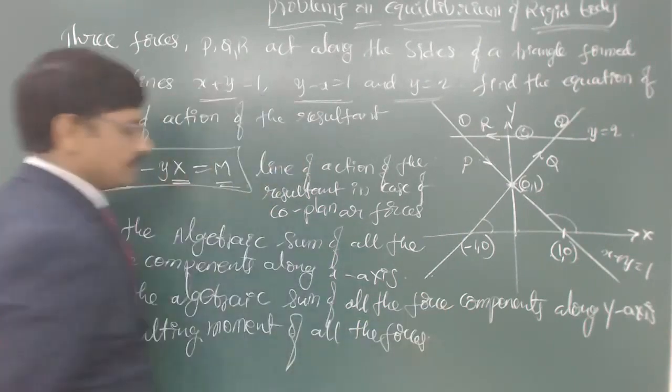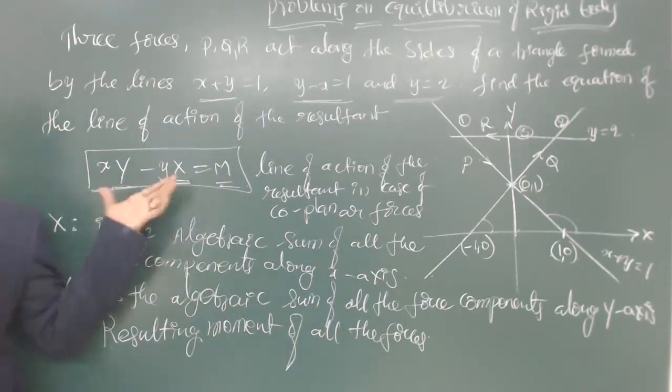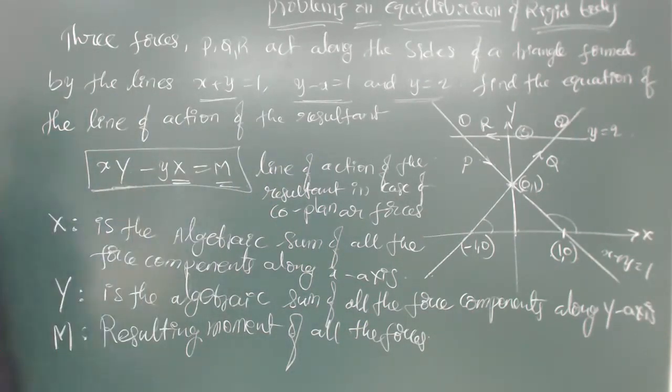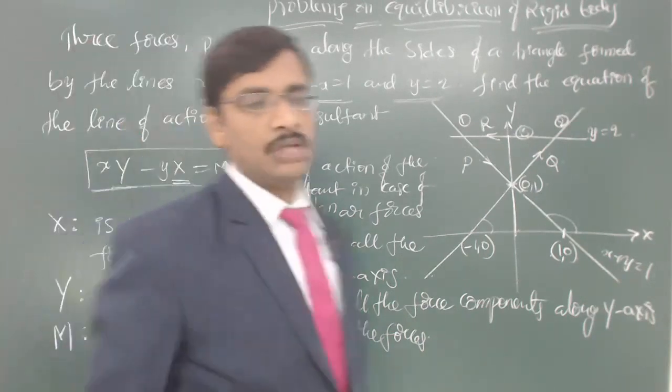So if you are able to find out X, Y, and M, you can substitute back to get the line of action of the force. Got it? So now you can solve it.